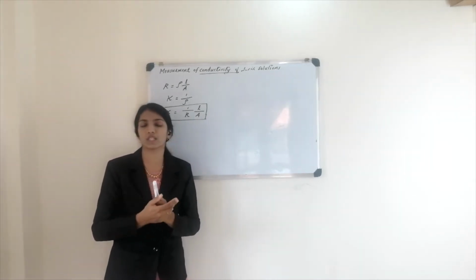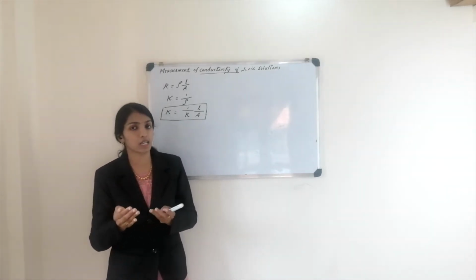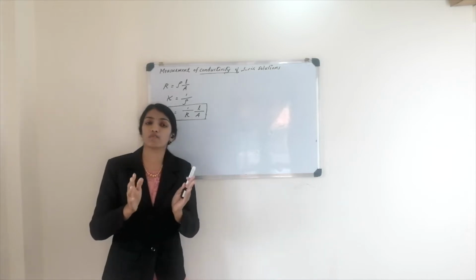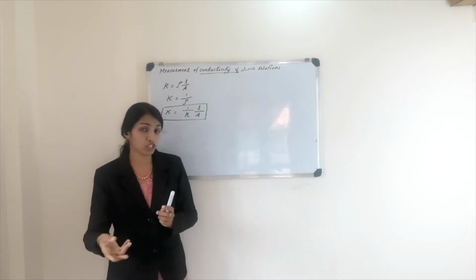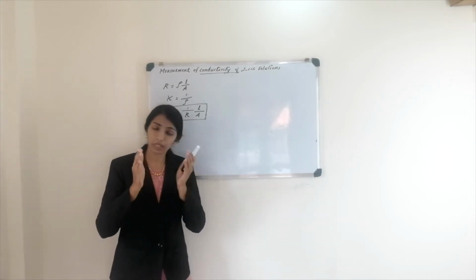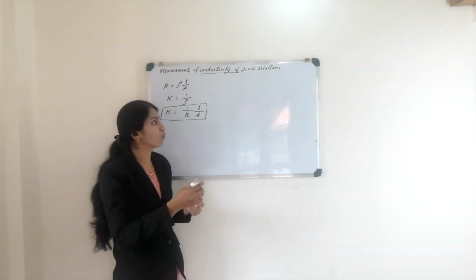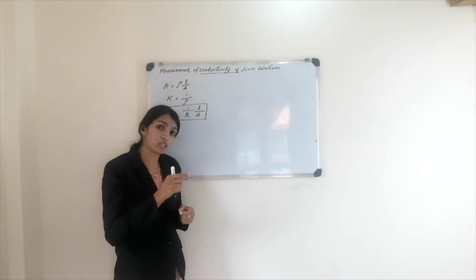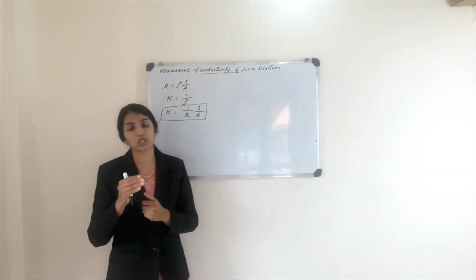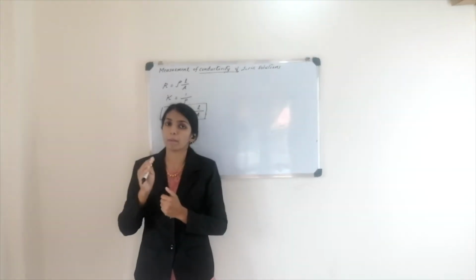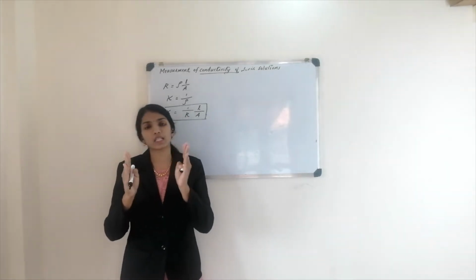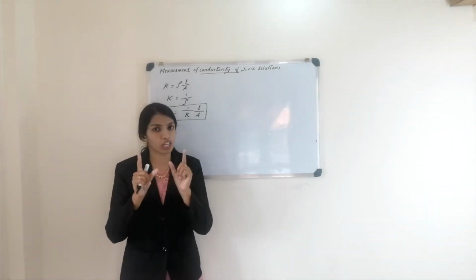So, what is a conductivity cell? A conductivity cell is a specially designed vessel. These are available in various shapes and designs. But every conductivity cell consists of 2 platinum electrodes, coated with finely powdered platinum, and the distance between these platinum electrodes is fixed.